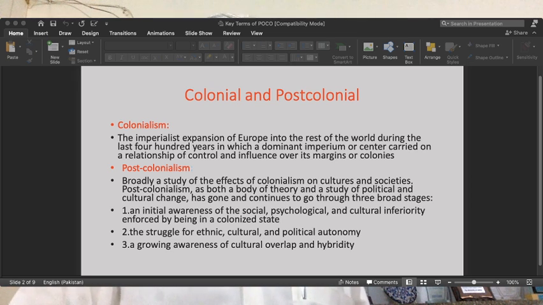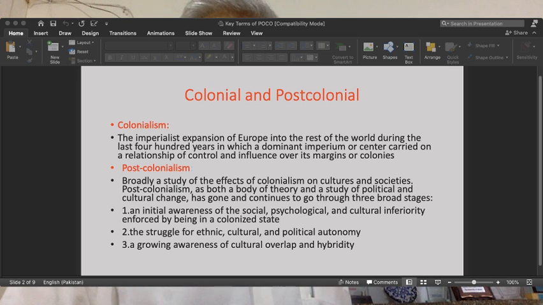Whatever was done in the name of emancipation, solution, salvation, or getting the people out of misery, whatever the motto was, the effect of marginalization, the effect of colonizing the people, the entry and exit and intervention into the culture of the people and resistance from the side of the people, if all these things are discussed together, that should be called post-colonialism. So these are two basic terms to be understood, colonialism and post-colonialism.